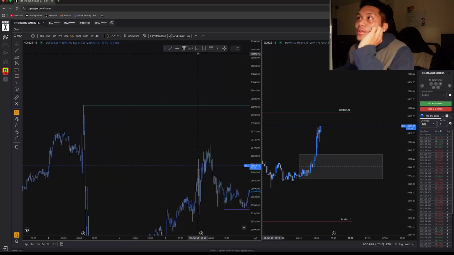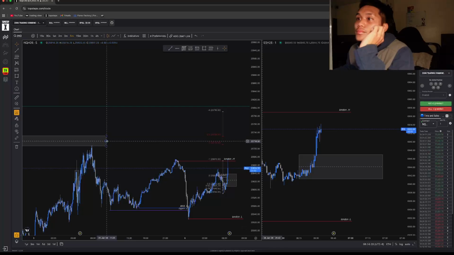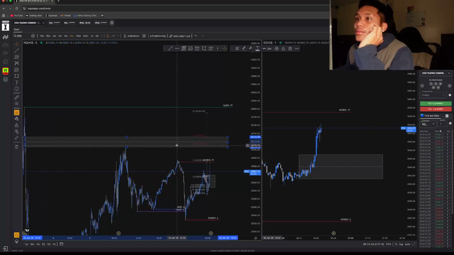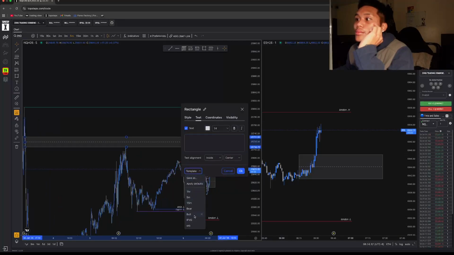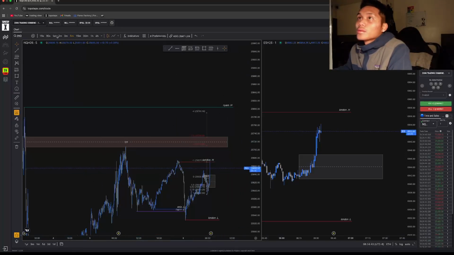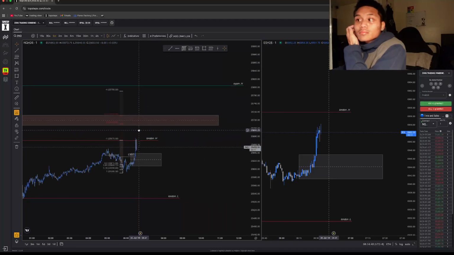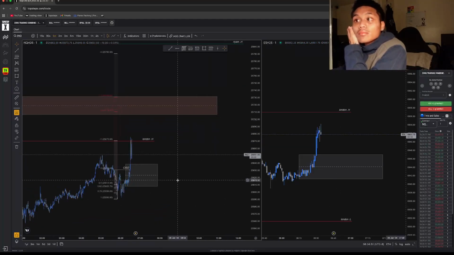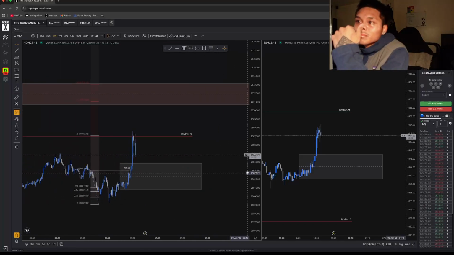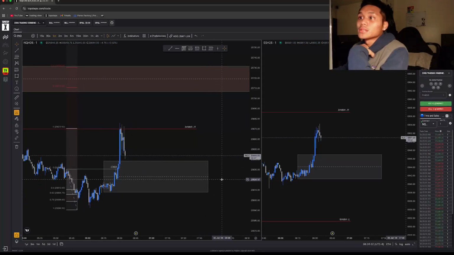Yeah, 5 minute fair value gap right over here. One's right there. And this is a bearish gap. Dropping back. See, we are getting a retracement back into the zone, so let's see what exactly it does.